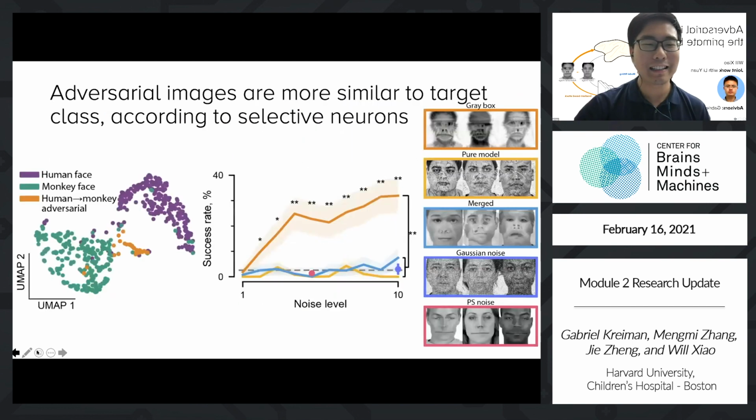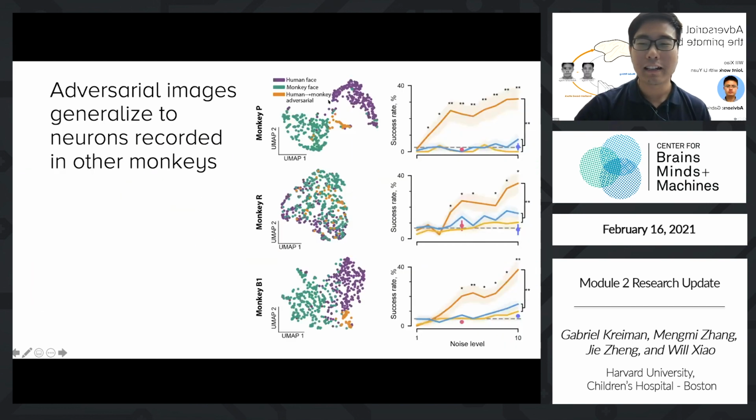So yes, several answers to your question. First is what I already have, limited by what arrays we currently have in the lab. One of the recordings has relatively lower SNR, as you can already see here, but overall, these are face selective arrays. If you average images from the category, they are highly face selective. And if you look at individual images, then the lower SNR array is less good.